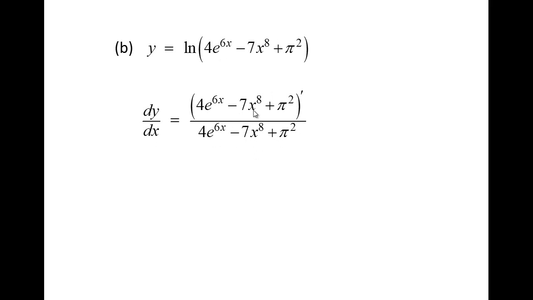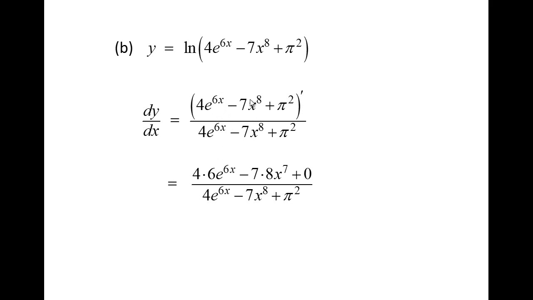What's the derivative in the numerator? Well, that's going to be 4 times the derivative of e^(6x). Now the derivative of e^(6x) would be e^(6x) multiplied by the derivative of 6x, which is 6. So we're going to get 4 times 6 e^(6x).